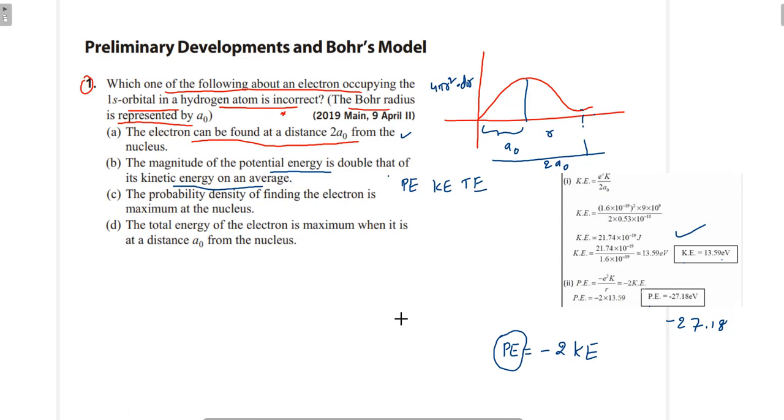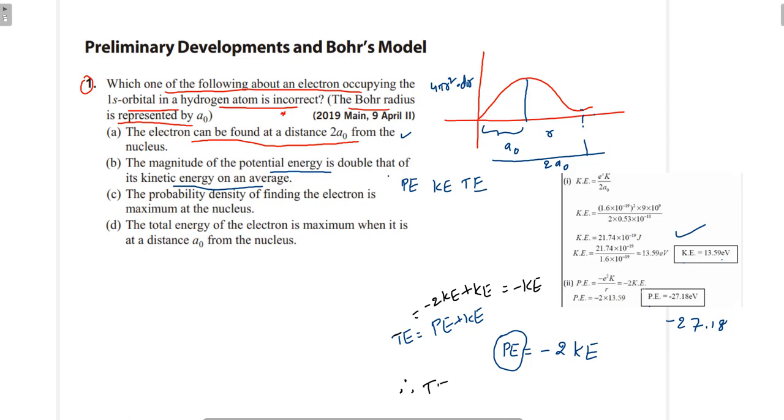Then total energy generally equals PE plus KE, potential energy plus kinetic energy. Now potential energy how much is there? Minus 2 Ke, then plus Ke, the resultant is minus Ke. Total energy equal to minus Ke.